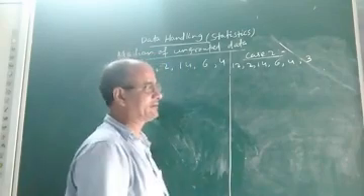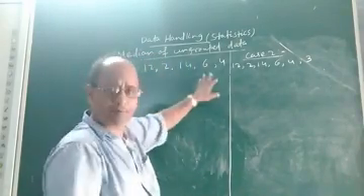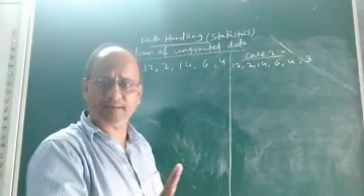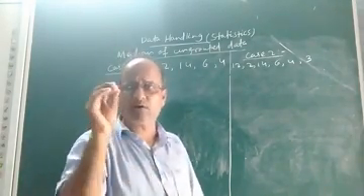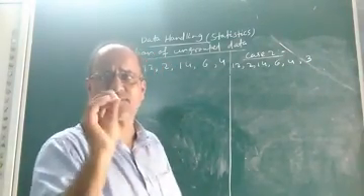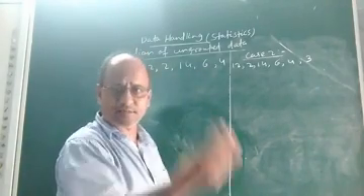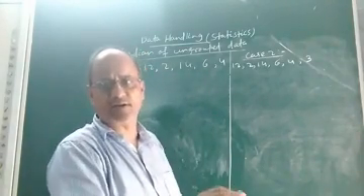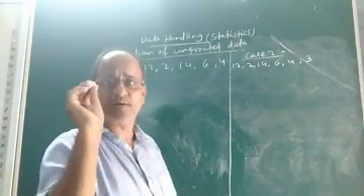Okay, see children. Now, in this case, there are 5 observations. The first step to calculate median of ungrouped data or ungrouped observations. What is the first step? The first step is you arrange these observations either in the ascending order or in the descending order. This is the first step to find the median of ungrouped data.